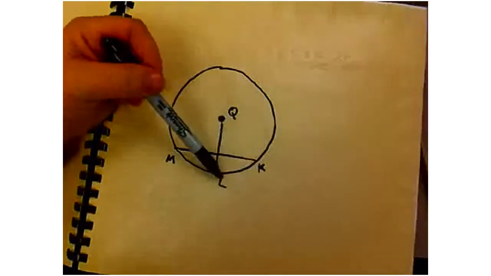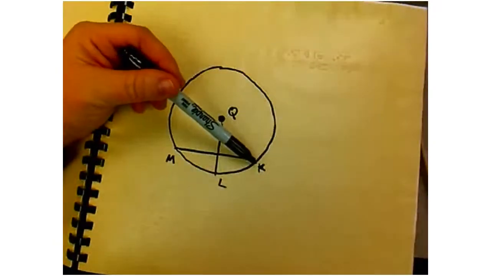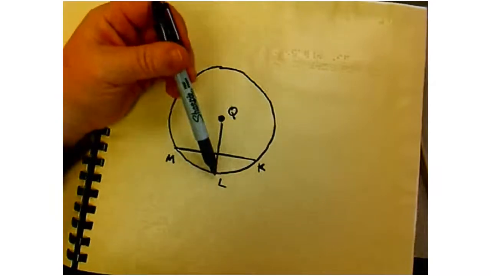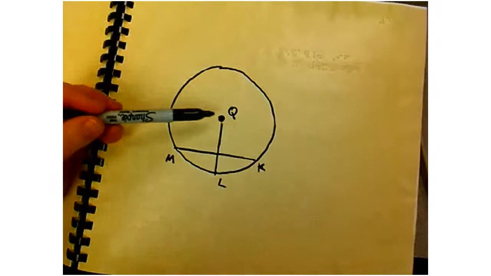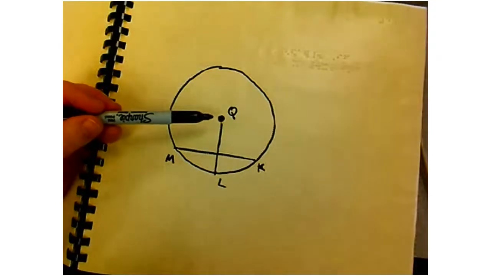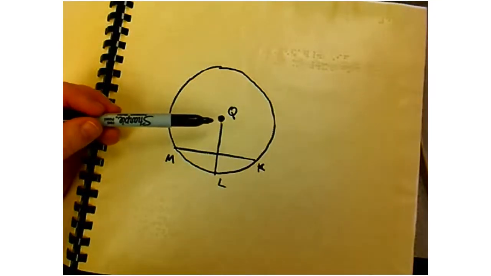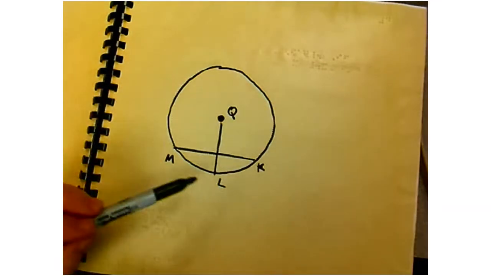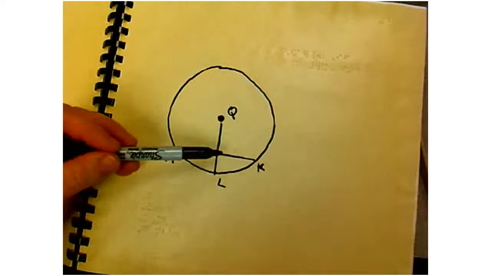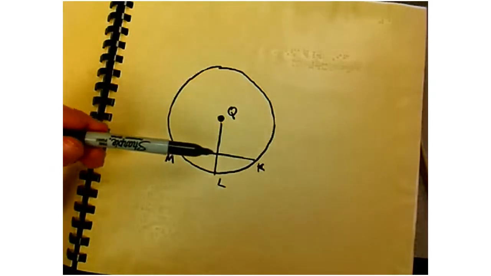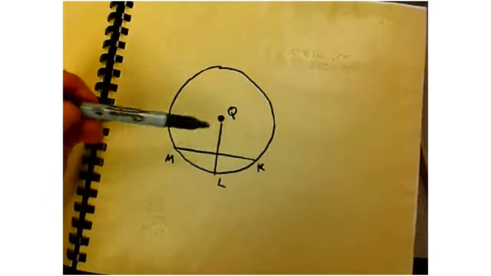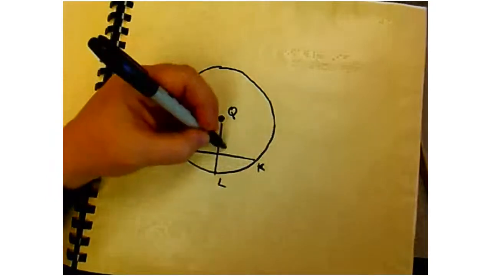And they said that minor arc KL is congruent to the minor arc LM. Okay? And so we know from that original theorem, the beginning of this section, if your arcs are congruent, then your chords are also congruent, right?